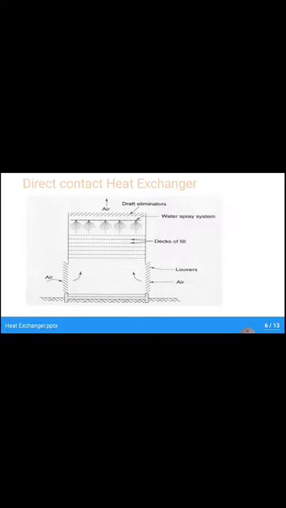That is, transfer of heat happens between water vapor and water droplets, and we get an extra amount of water at the bottom. So that is the purpose of the cooling tower. The cooling tower is also one type of heat exchanger.